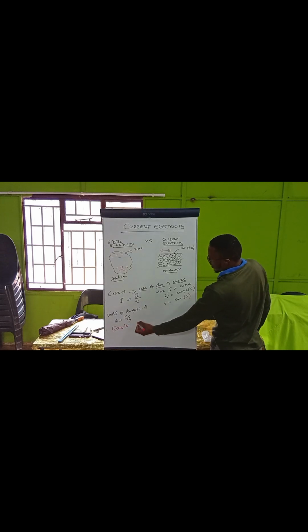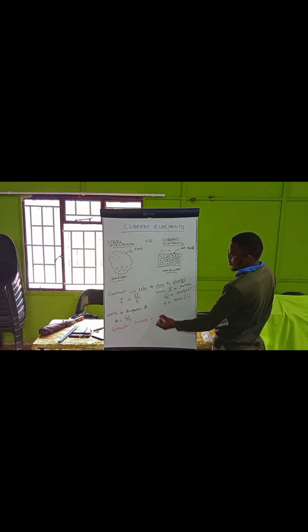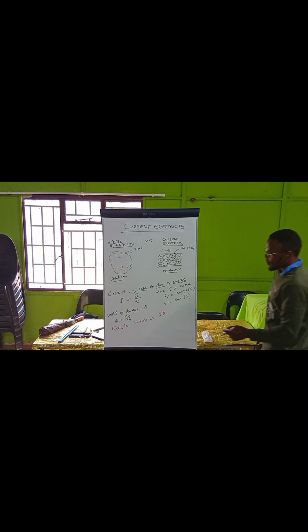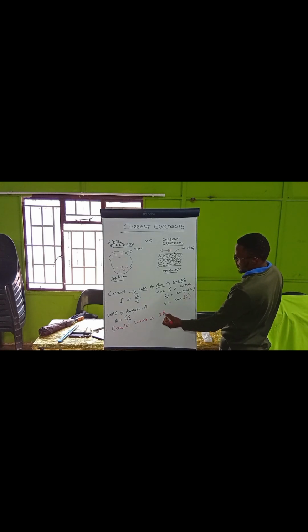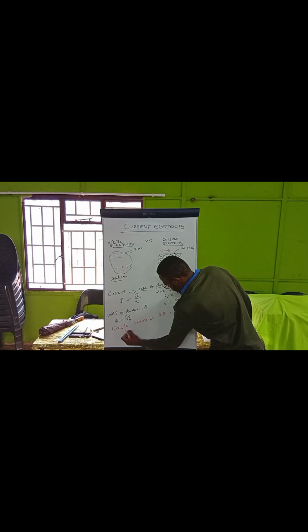Given that the current is, let's say, 2 amps, and you are told that the time is 1 minute. Calculate the charge. So what would be the charge?